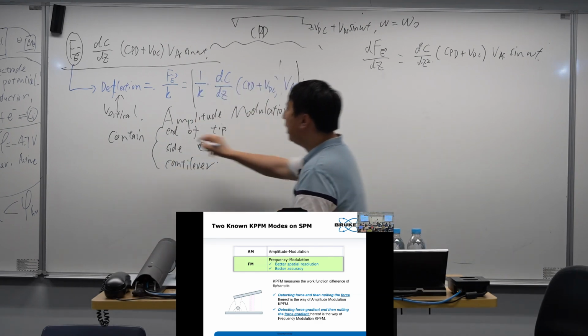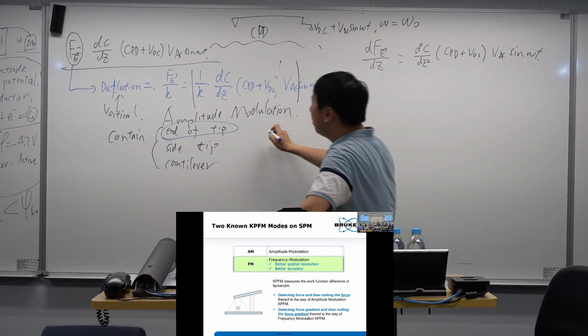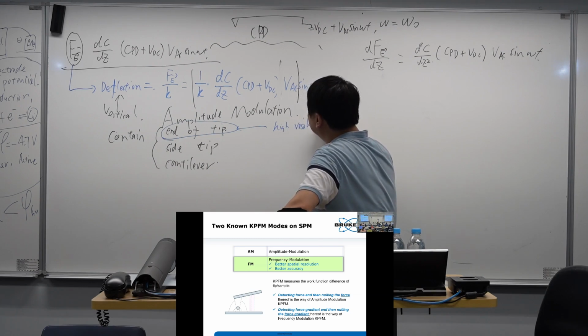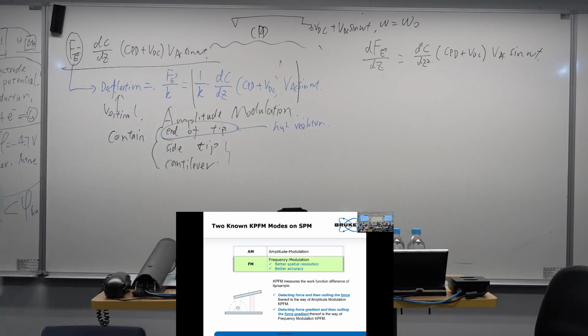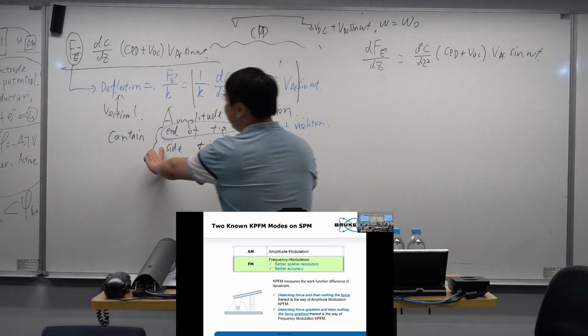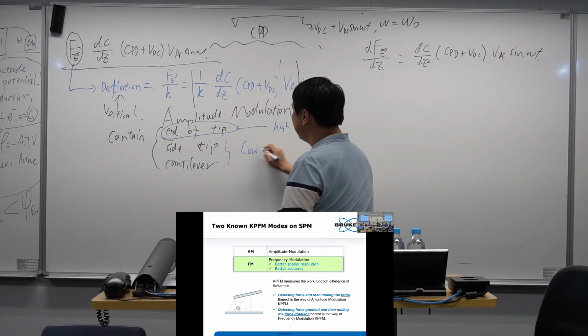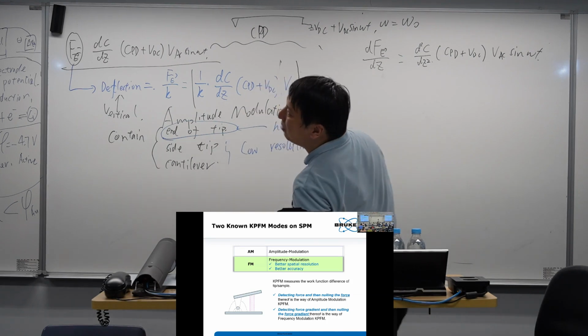The end of our tip is the sharpest, so only this part is high resolution. But the other parts are micrometer scale. They are quite large, so those two contributions give low resolution. And again, the AFM probe is blind.